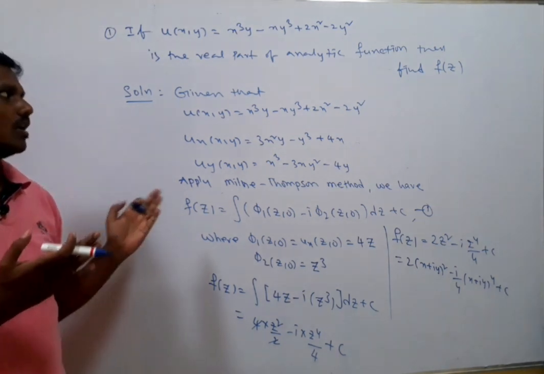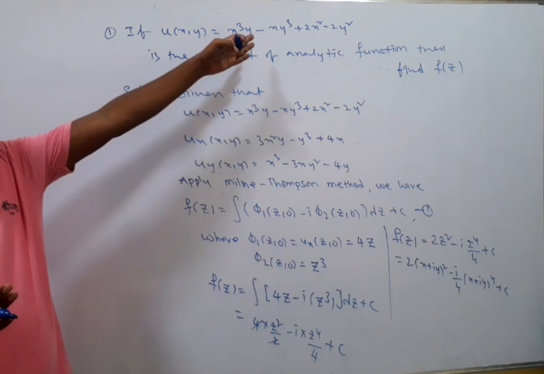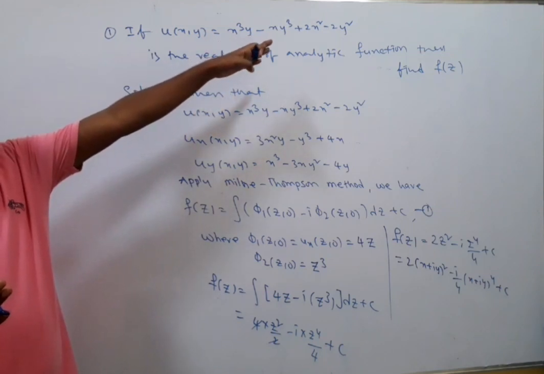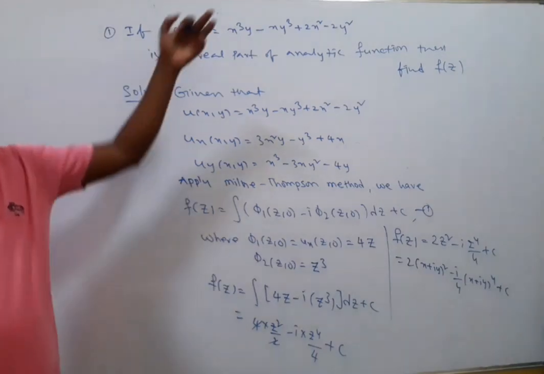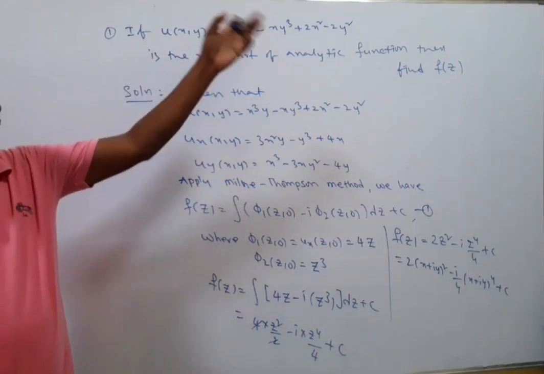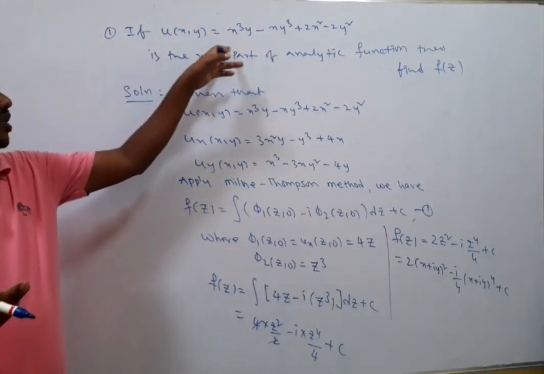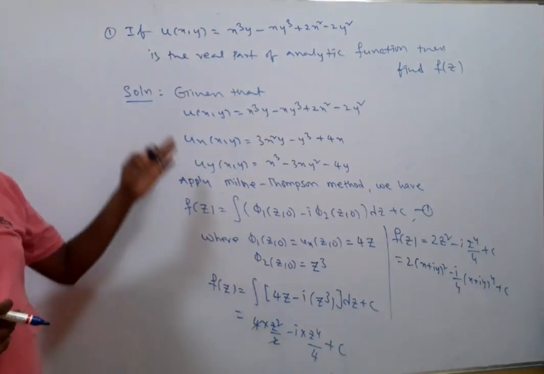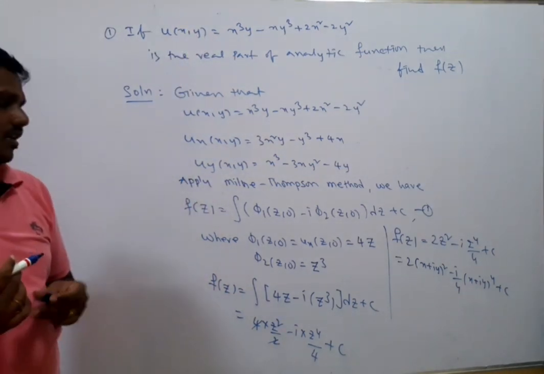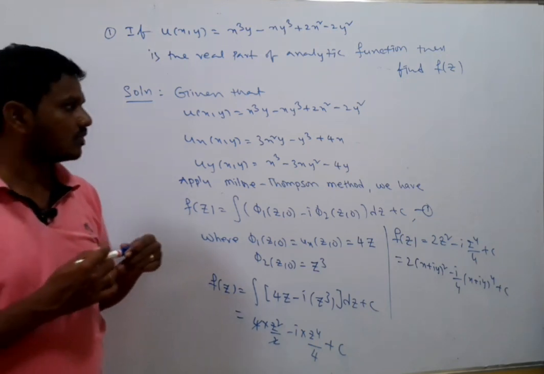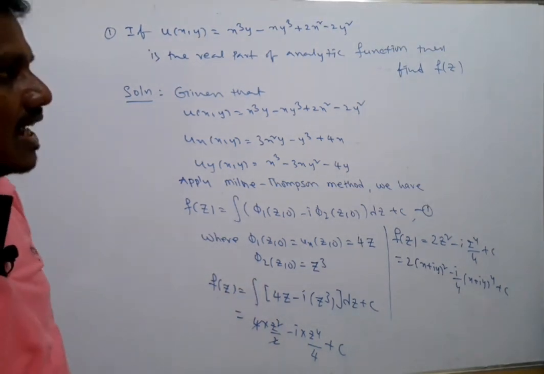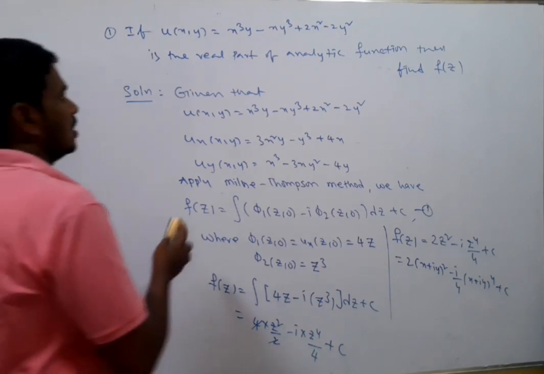The real part is the given part, x cube y minus x y cube plus 2x square minus 2y square. You will get the same thing, right? Plus i into something, the imaginary part. That is the harmonic conjugate of the given u of x comma y. This is very simple compared to the previous one, right? So, this is one method. Next, another method: if v is given, how are we going to find f of z?